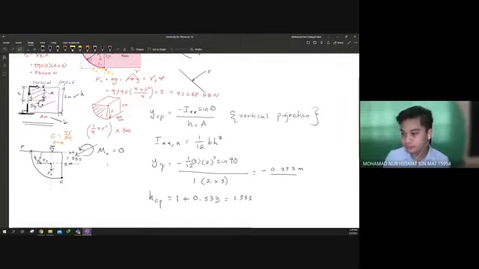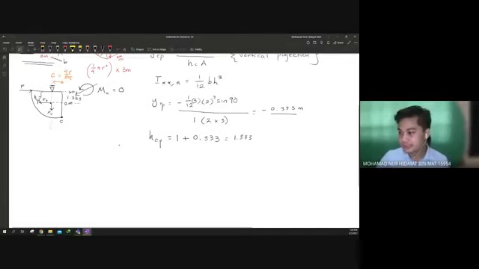So C here, 4R, R is 2 meter radius, over 3 pi. You will have the value equal to 0.8488 meter.